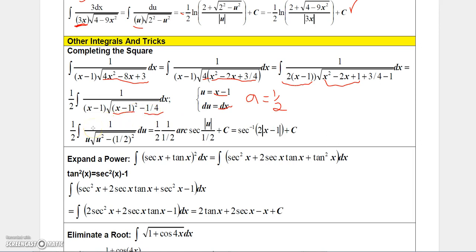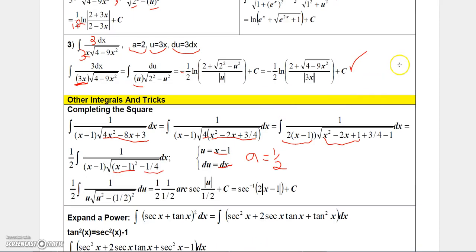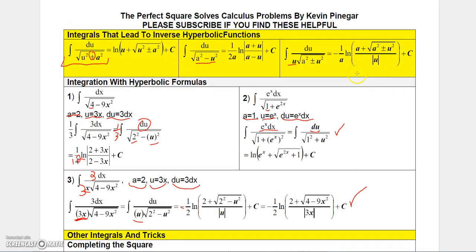Okay, so now I factored the 1/2 out here, so I got the 2 out of the denominator and put it out here just to make it easier to see. So now I have du over u times the square root of u squared minus a squared. Now since this is u squared minus a squared, not a squared minus u squared, I actually can't use this formula up here.